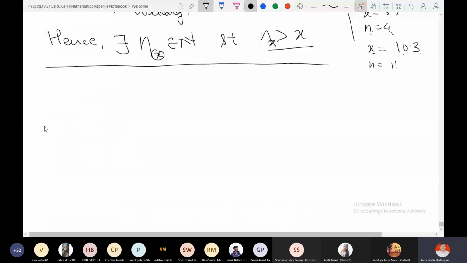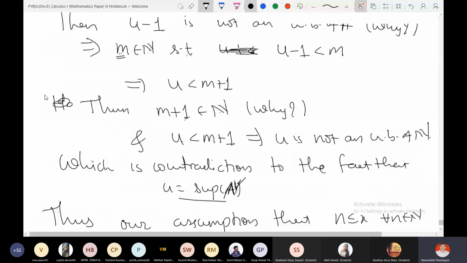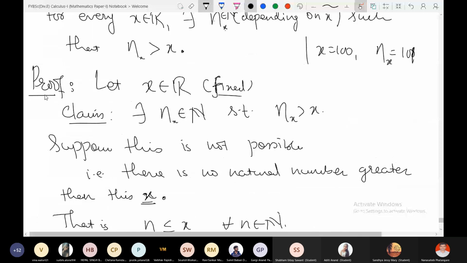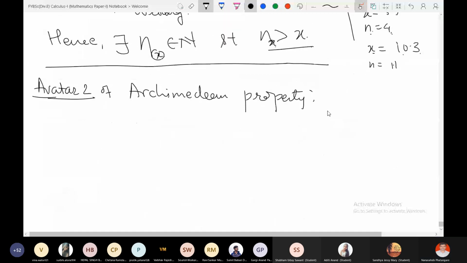Now there is another version. So here we can say that this is the first version, avatar 1, and the second avatar of the Archimedean property.